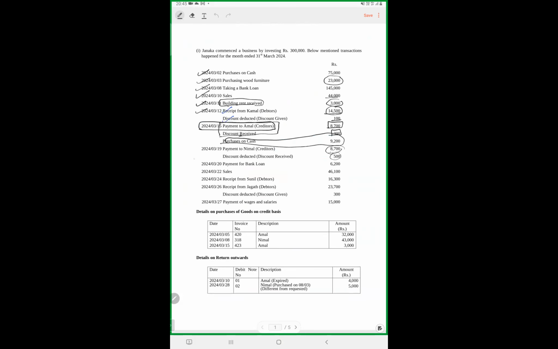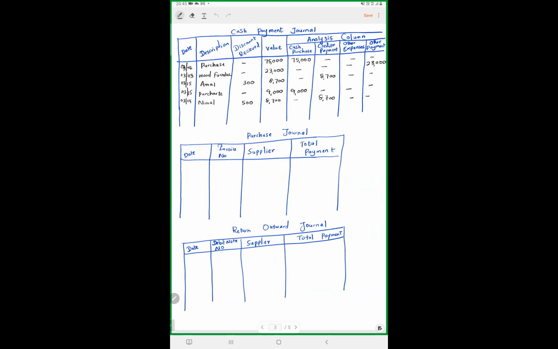The next one, we are paying the installment of bank loan. How much? 6,200. So then you need to include it in the cash payment journal. 20 bank loan.